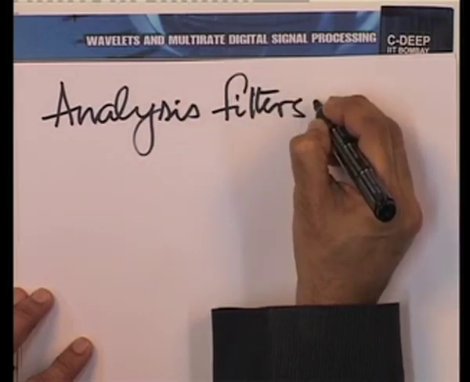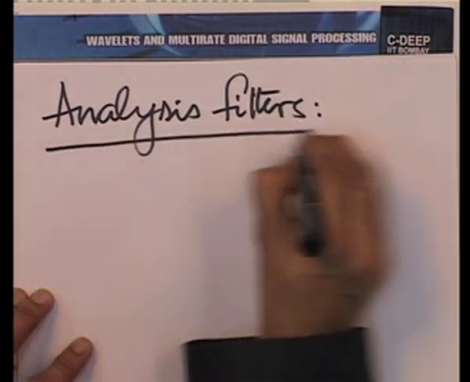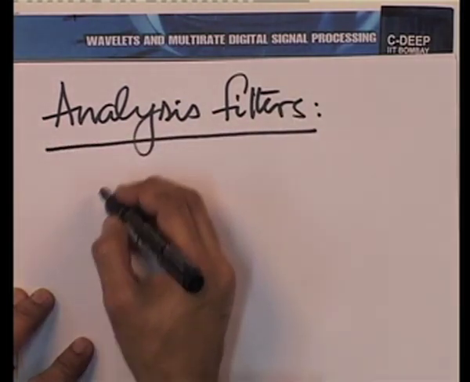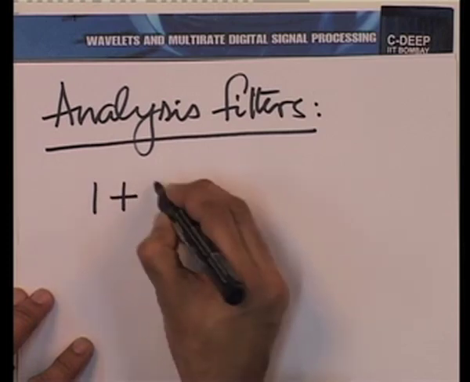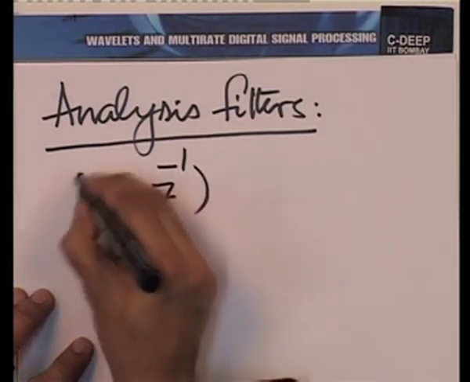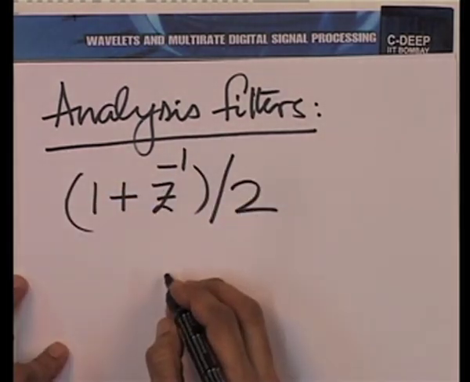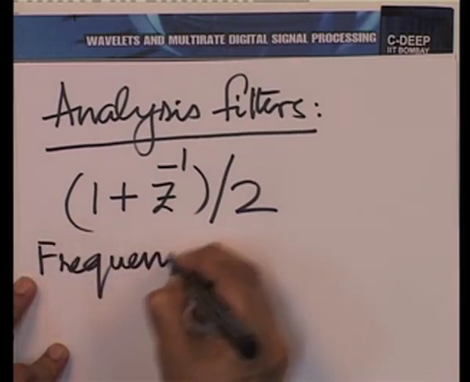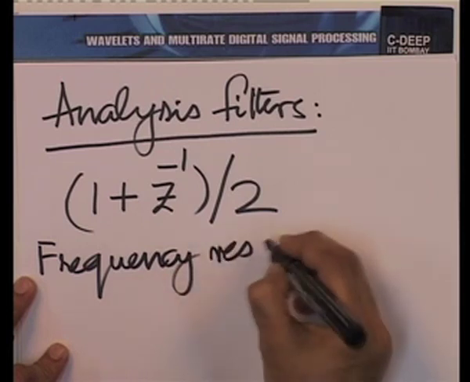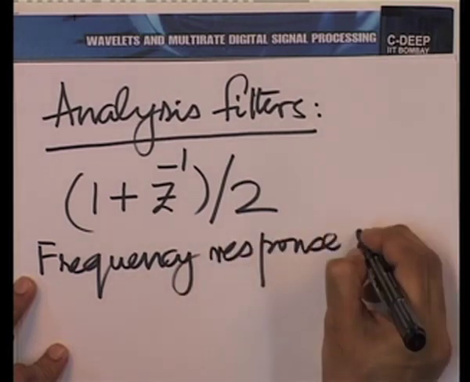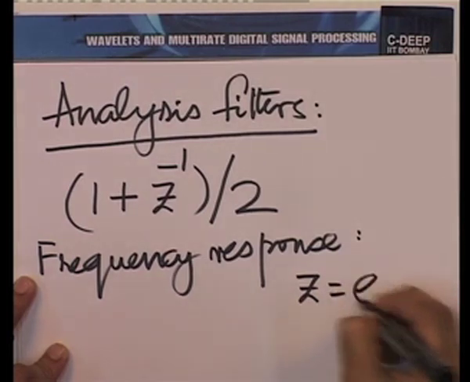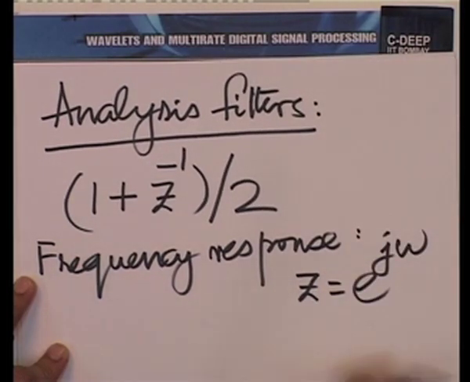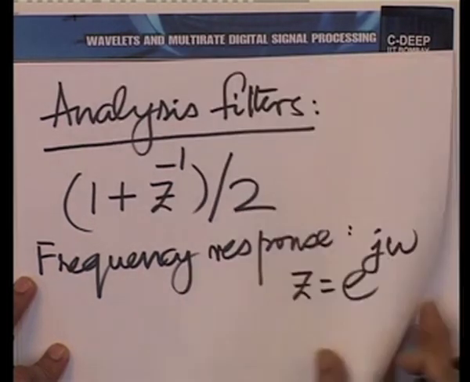Both of them have a frequency response, obviously. Let us take the filter (1 plus Z inverse) by 2 and look at its frequency response. We obtain the frequency response by substituting z equal to e raised to the power j omega. That gives us (1 plus e raised to the power minus j omega) by 2.